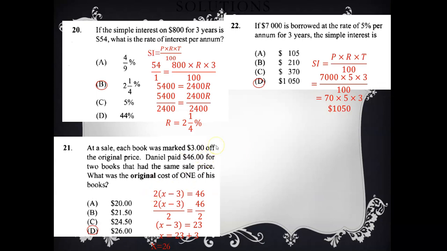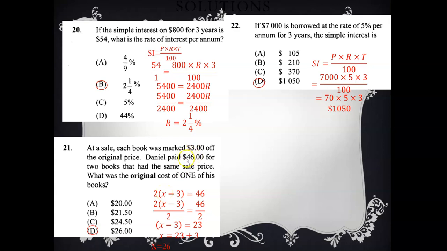So let's look at it. Each book was marked at $3 off. They have taken $3 from the price of a book.